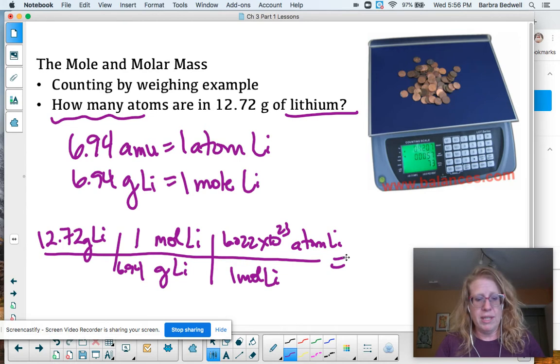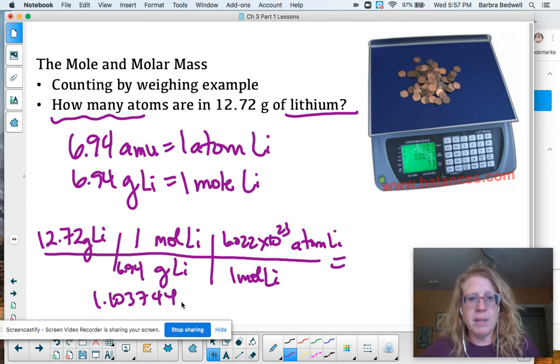It would be 12.72, multiply across the top, divide by everything that's on the bottom, so 12.72 times 6.022 times 10 to the 23rd. Remember how to use your calculator? I'll remind you in class tomorrow how to do that, but use your calculator appropriately. And then divided by 6.94. And we get, it's got to be some crazy big number since we're talking about numbers of atoms.